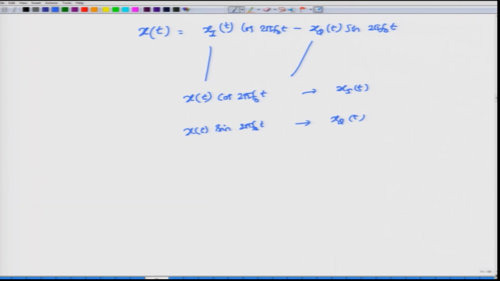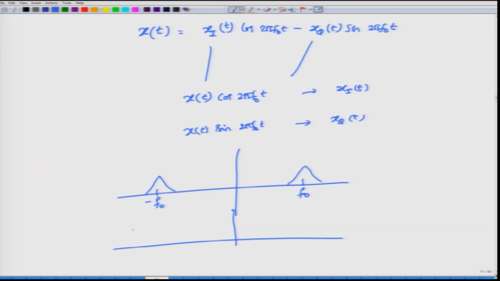So, this is what it was equation wise, but what actually happened here was you started off with some pass band signal, or the band pass signal, which had centers at f0, and then you multiply this entire spectrum, if this is x of f, by a unit step function.